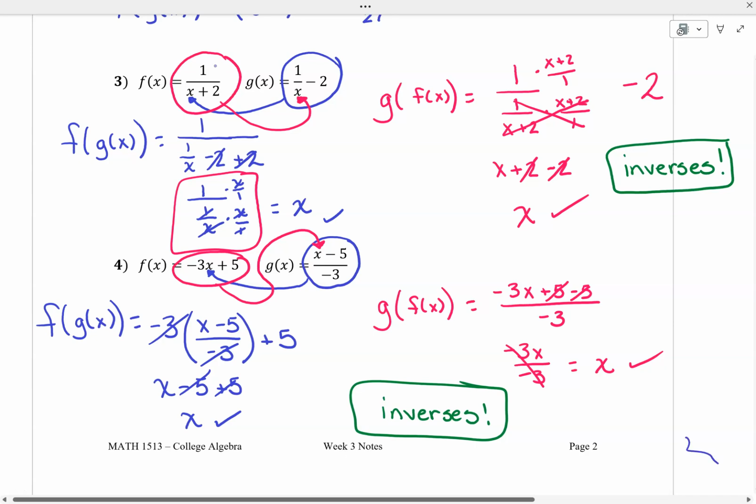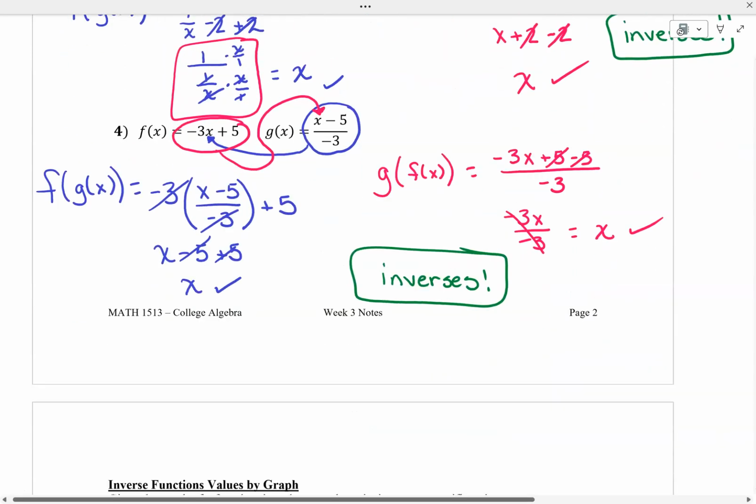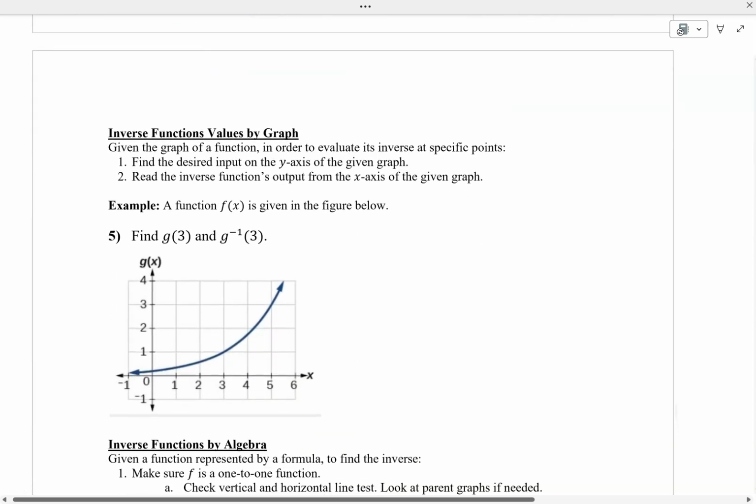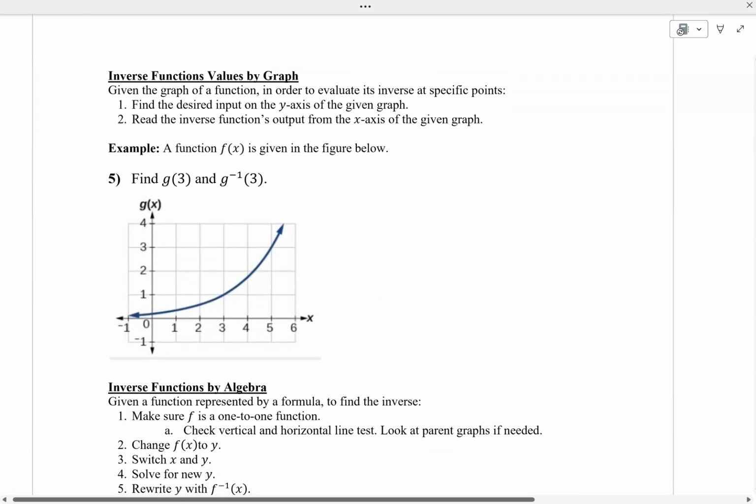Okay, let's see what's next. Inverse function values basically on a graph. Okay, so we're given the g function. So the first one says find g of 3. So basically just look at the graph. So here's 3.